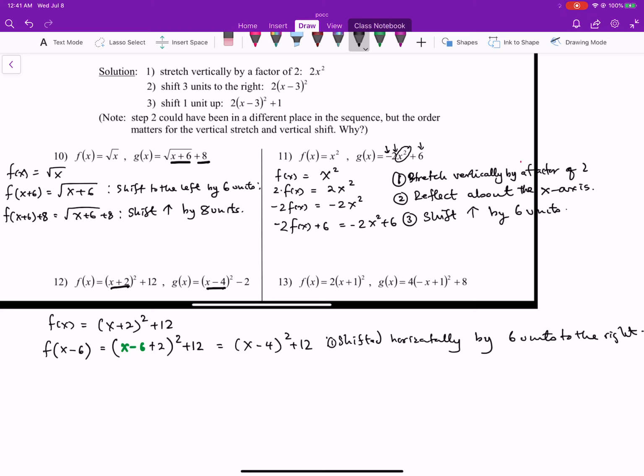And then my next move is I need to change the 12 to a negative 2. So I'm going to do f of x minus 6 minus 14. All right. So if I add minus 14 to what I already have, then that becomes x minus 4 squared minus 2. So here, shift downwards by 14 units.